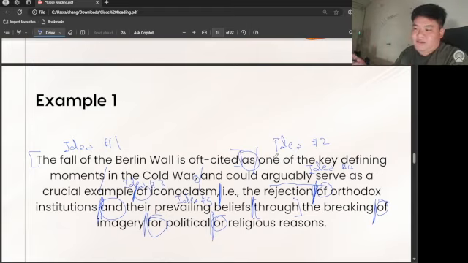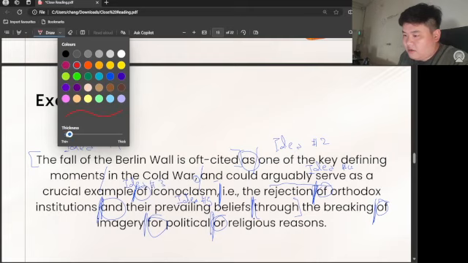But let's say for the sake of argument, i.e. the rejection of orthodox institutions. I mean, obviously, I am explaining this on the basis that you all know what these words stand for. If you don't know, pause here, go and look up the dictionary. So, that means ideas 1 to 5, up to this point, maybe I should use a different color here.